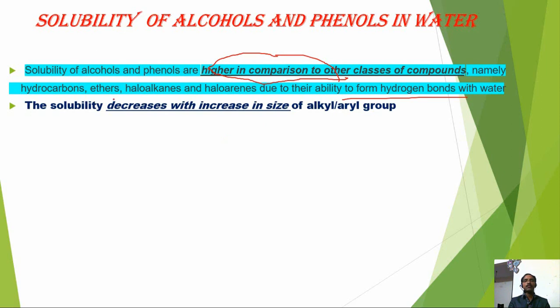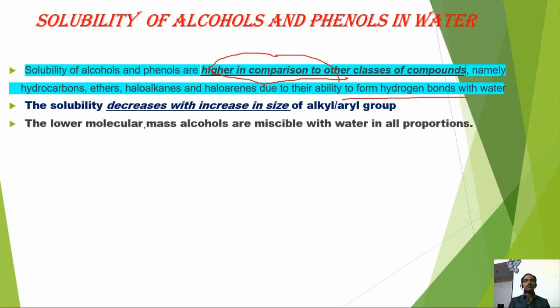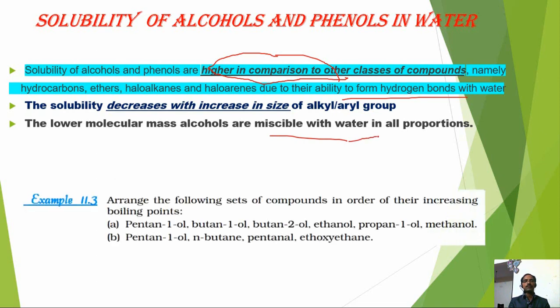That is the reason the solubility of alcohols decreases with increasing size of carbon chain. Next, the lower molecular mass alcohols are miscible with water in all proportions, like methyl alcohol, ethyl alcohol, those things.